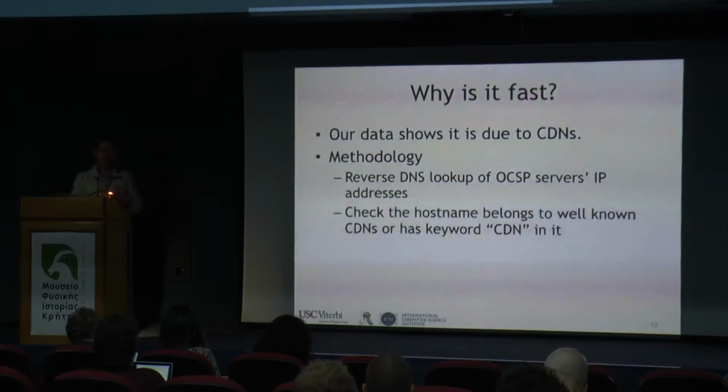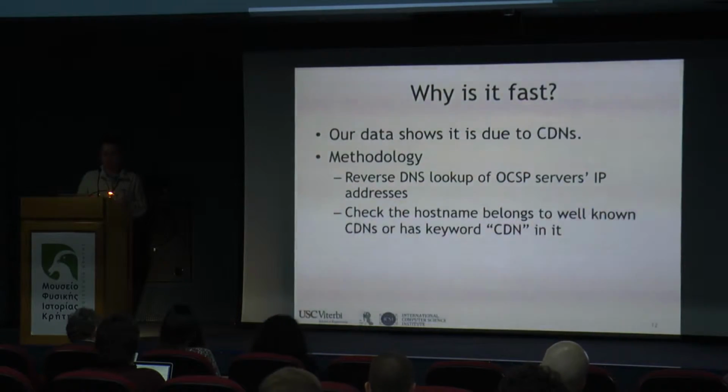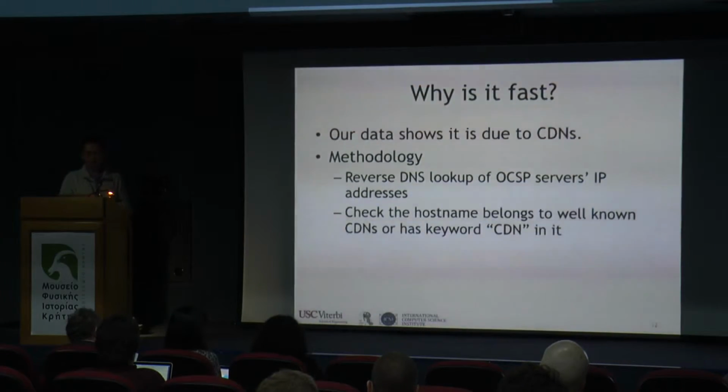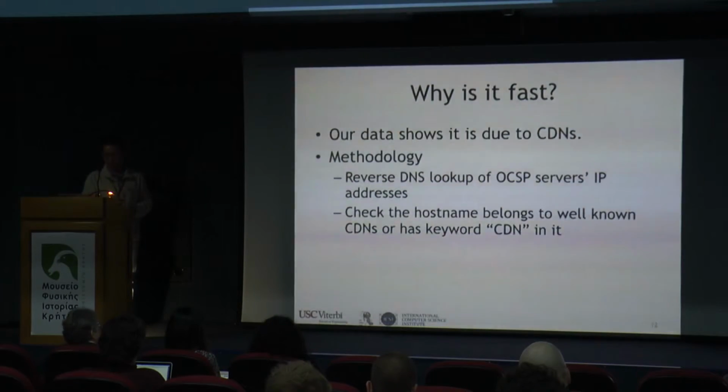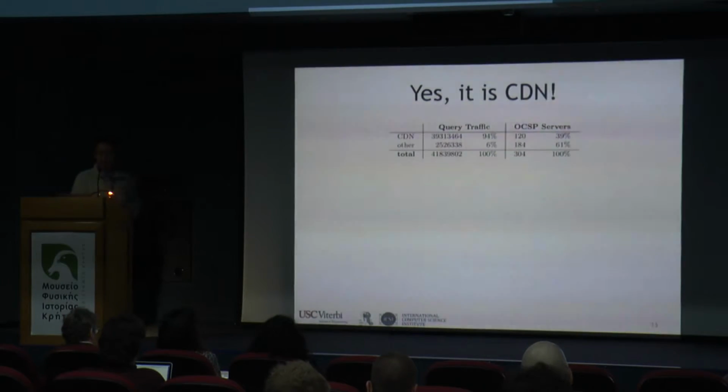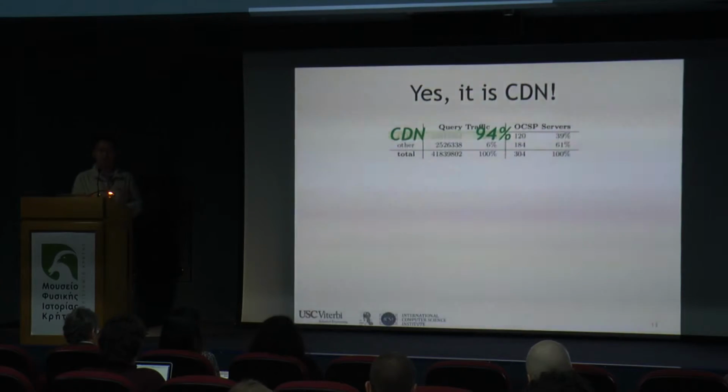Here we map an IP address to its reverse DNS lookup name, and we take it as a CDN if the DNS name belongs to a well-known CDN or has the keyword CDN in it. From our data, about 94% of the query traffic goes to certain CDNs.